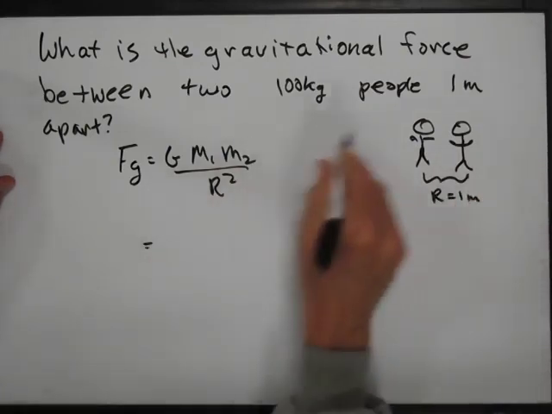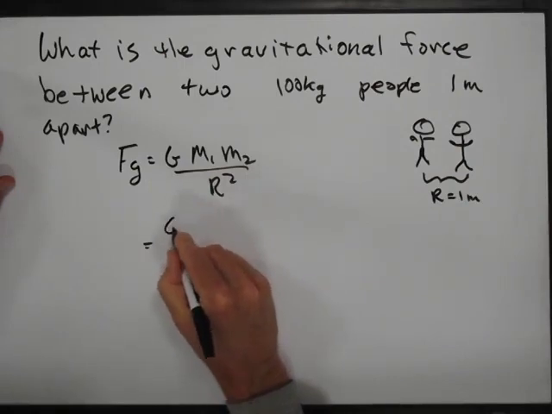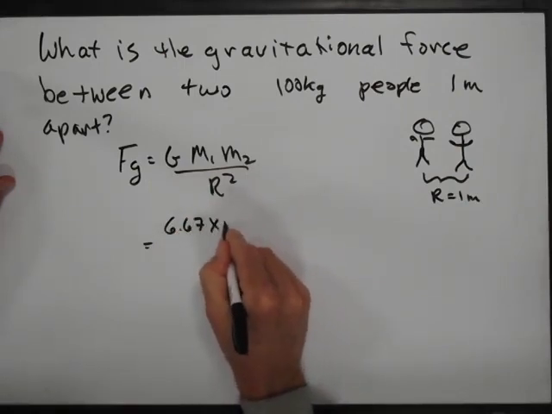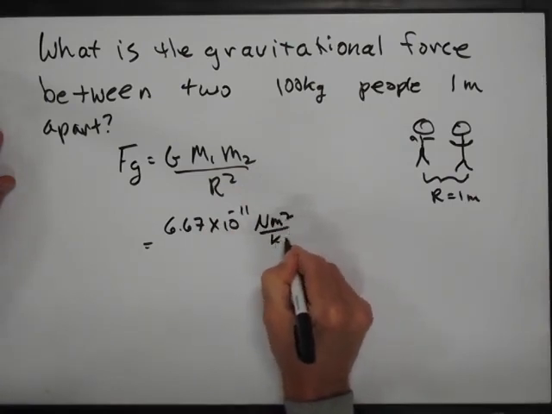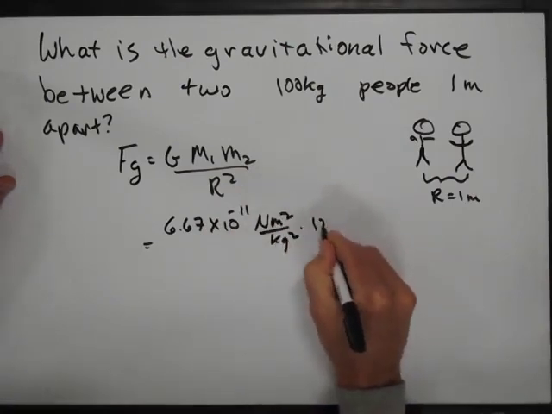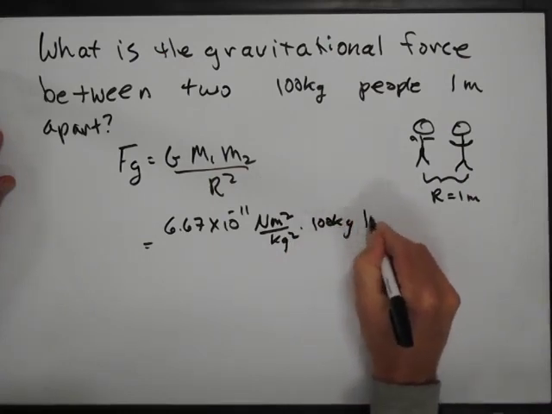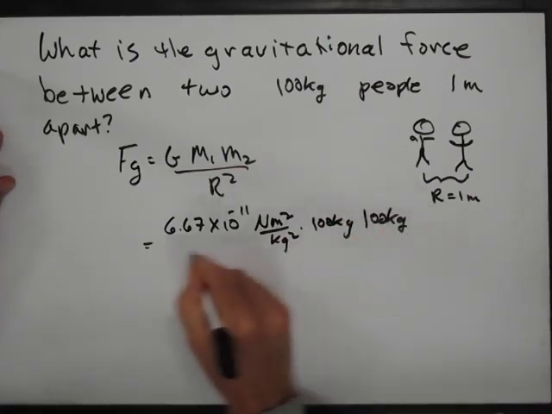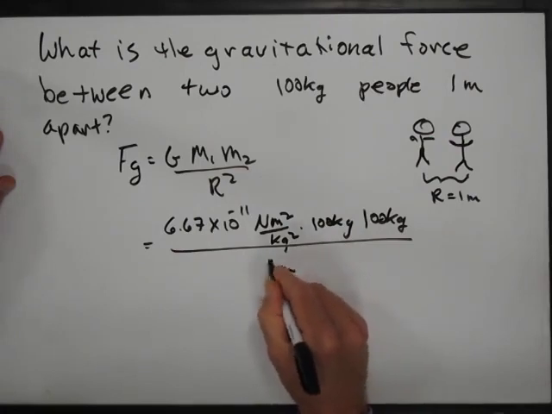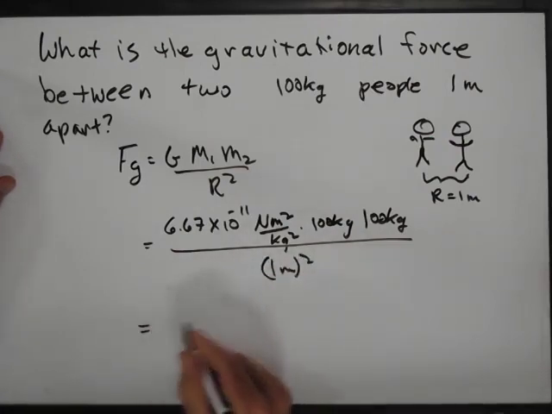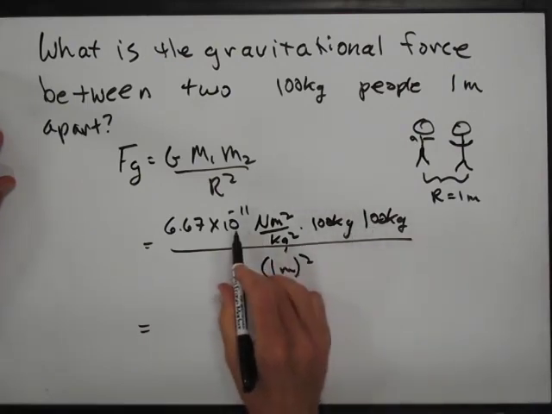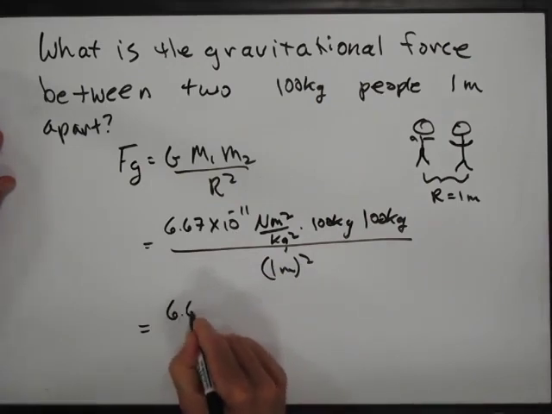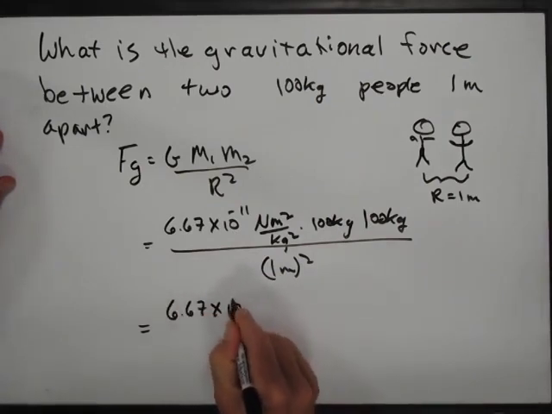And so this is pretty easy to calculate because I chose easy numbers, and this is 6.67 times 10 to the negative 11th newton meter squared per kilogram squared times 100 kilograms times 100 kilograms all over 1 meter squared, right? And so 100 times 100 is 10 to the 4th times 10 to the minus 11 is 10 to the minus 7. And so this is 6.67 times 10 to the minus 7.